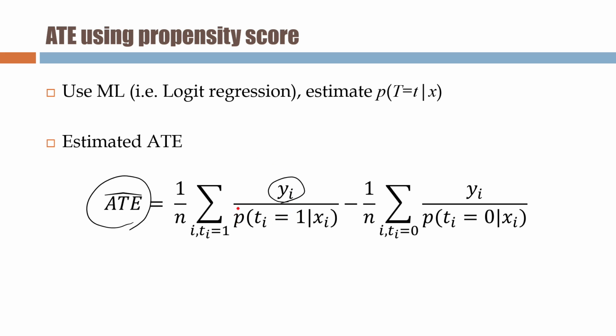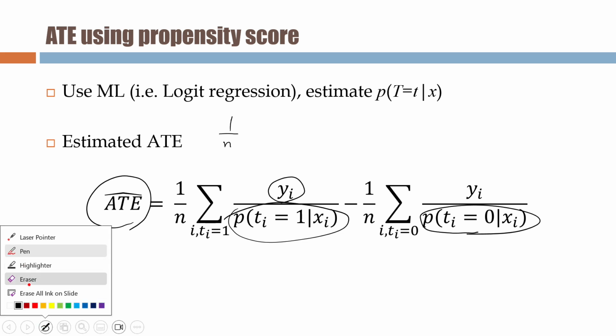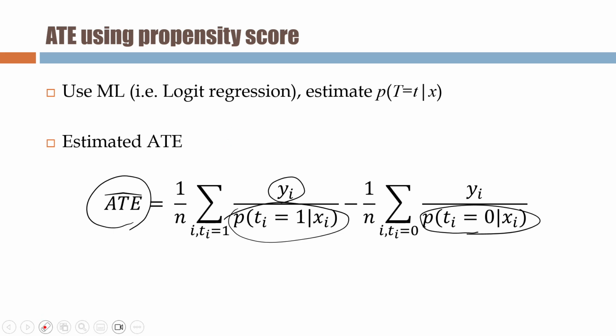So if we take this one out, no, this is not true. So I will show you the original formula. Right? So you divide, that's why we call this inverse propensity score, divide the outcome.